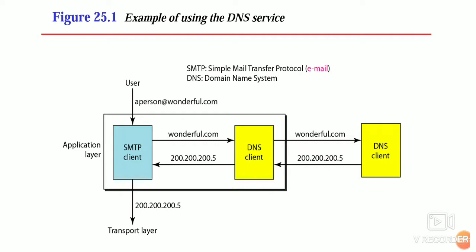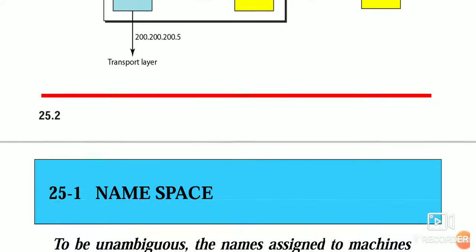Finally the IP address 200.200.200.5, the actual IP address of wonderful.com, is given to the next layer. This process is called domain name system resolution, or DNS resolution.